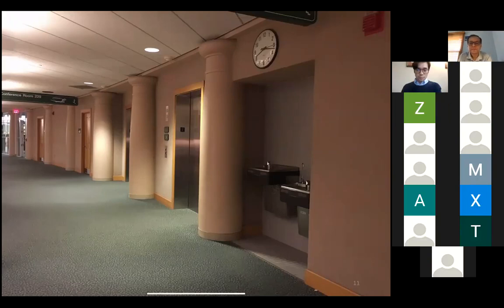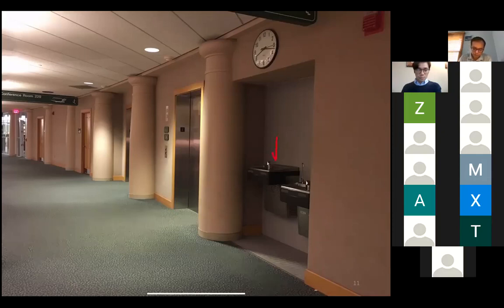I don't know. In indoor environments, you might have a lot of magnetic interference, right? I wouldn't say a human has a lot of magnetic properties, but that water fountain might. Exactly.